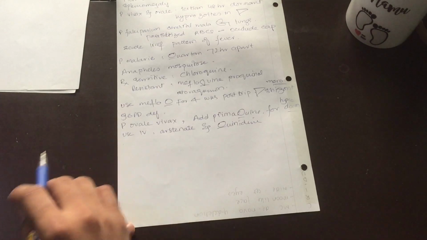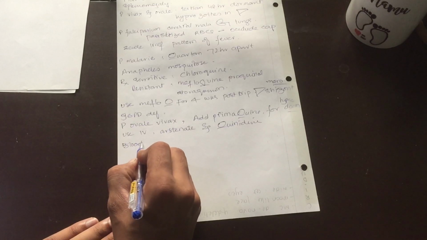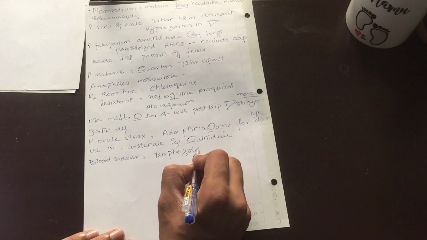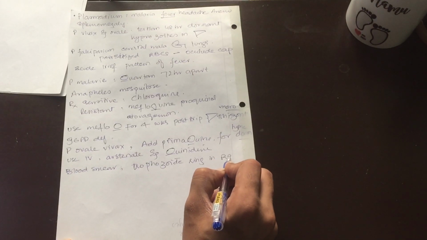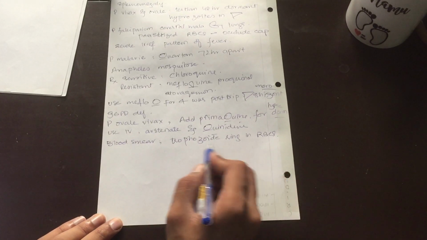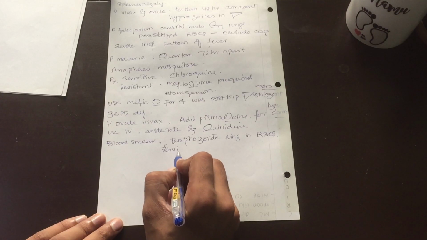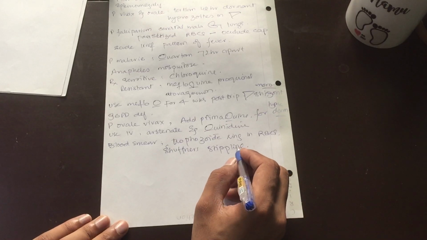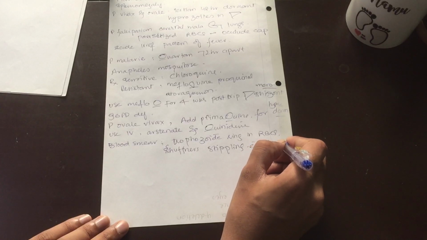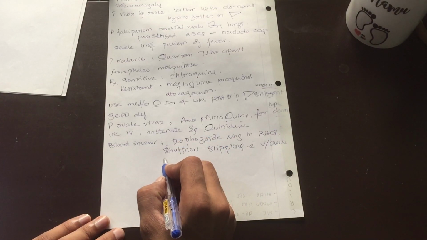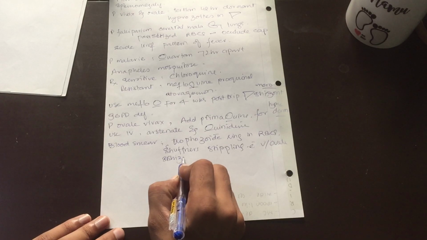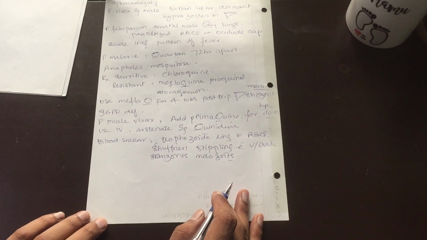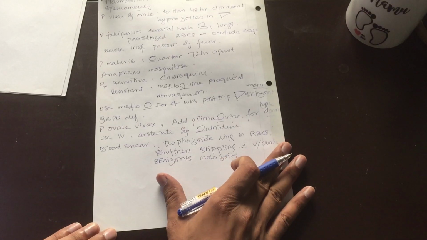First, on blood smear we see trophozoites, the trophozoite ring in RBCs, and also we see Schuffner's stippling throughout the cytoplasm with vivax and ovale, and then we see schizonts carrying the merozoites and granules. So this is all about Plasmodium.